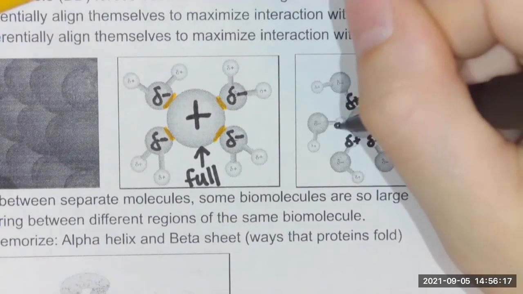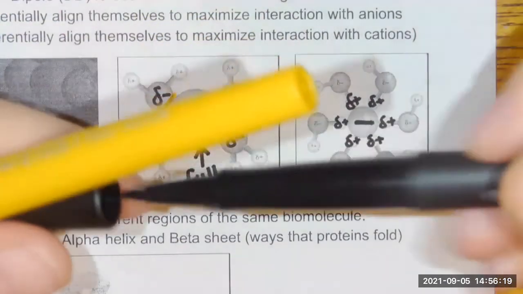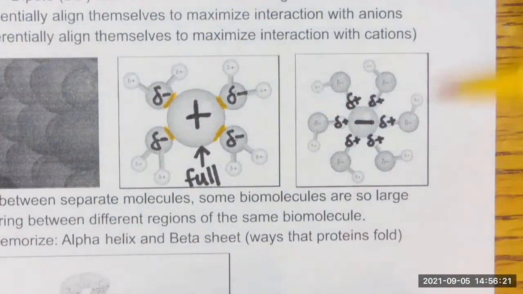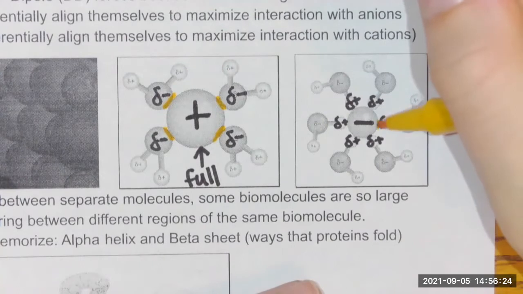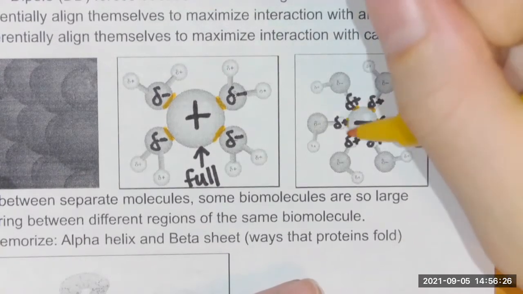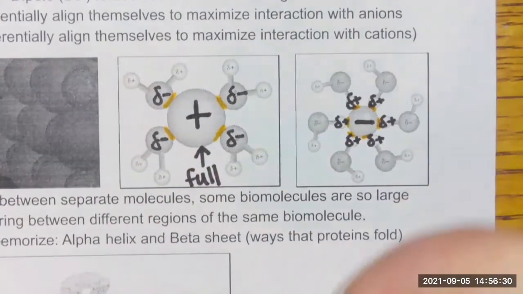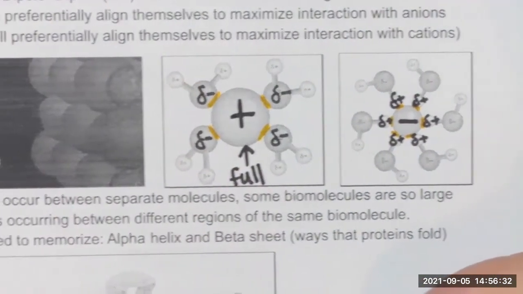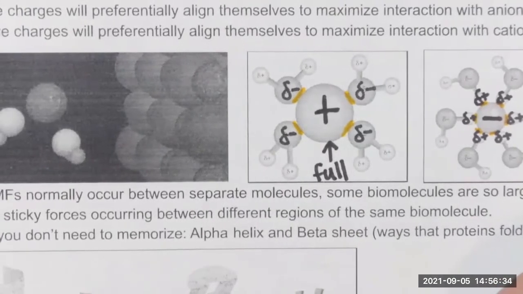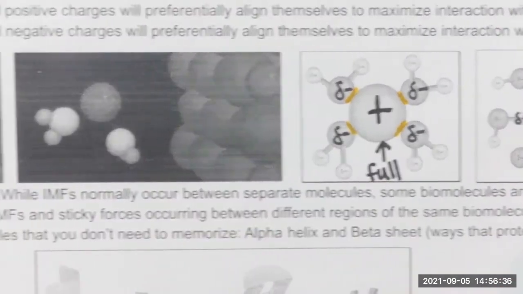Wow, there's a lot more of these ones. Partial positive wants to be in so that it can interact. It's not as obvious in the pictures right next to it, but it's the same idea.